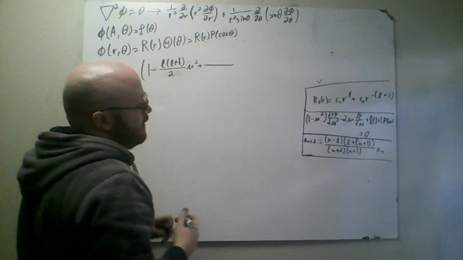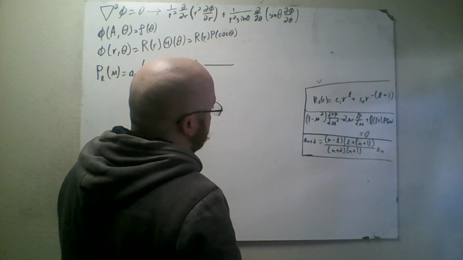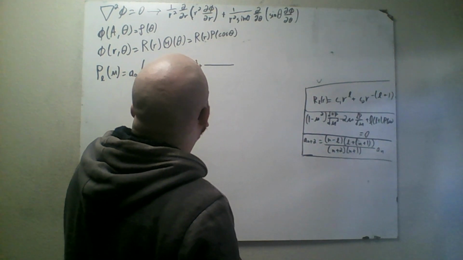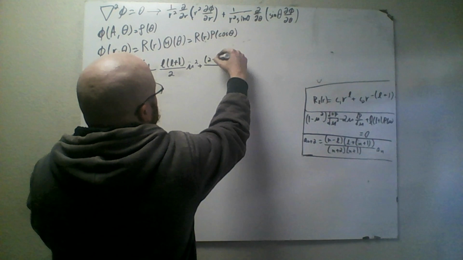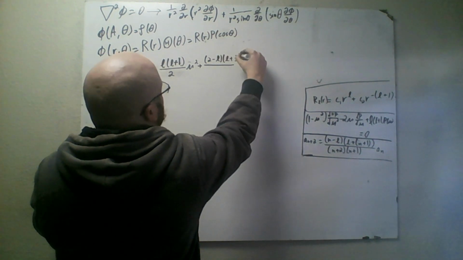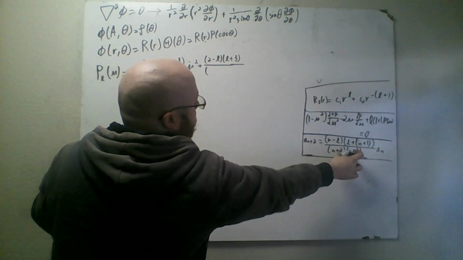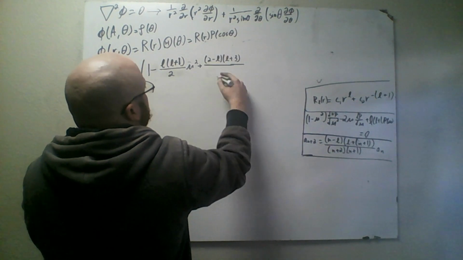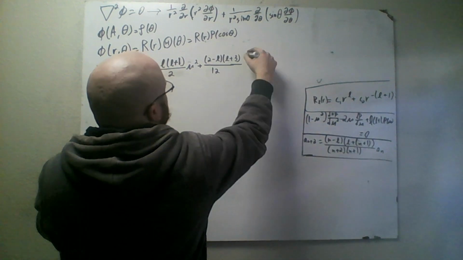Plus, same thing, now we're plugging in 2 for n, so this becomes 2 minus L times L plus 3 over, we plug in 2 for n, so we get 4 times 3, which is 12, times A0.